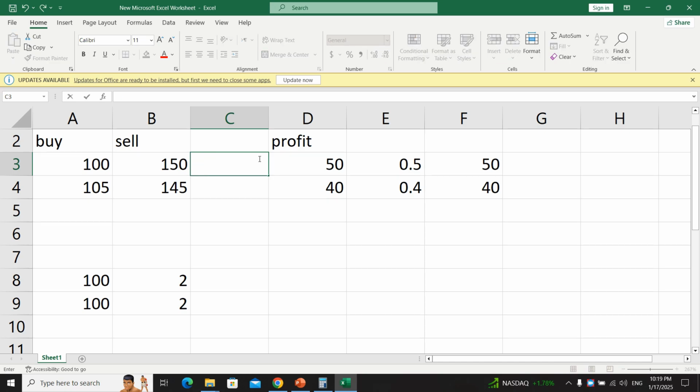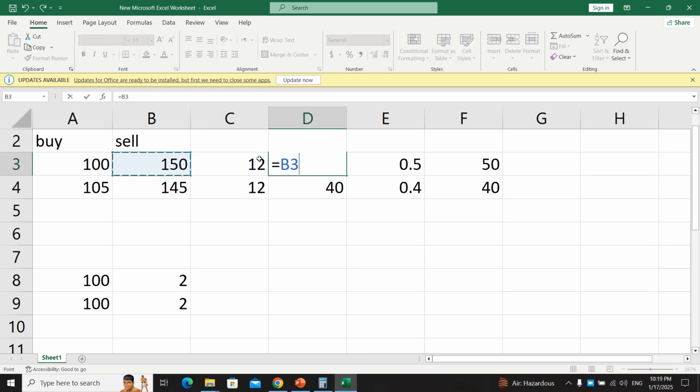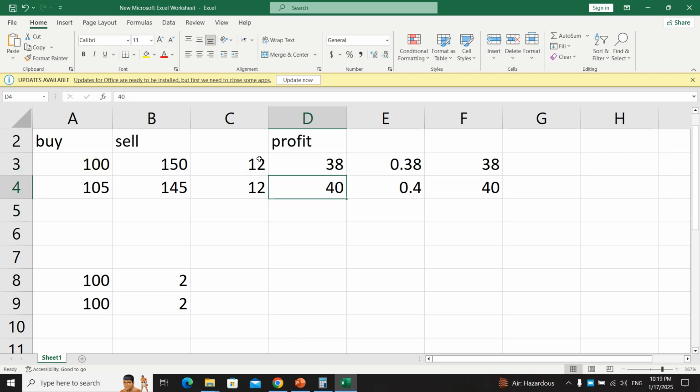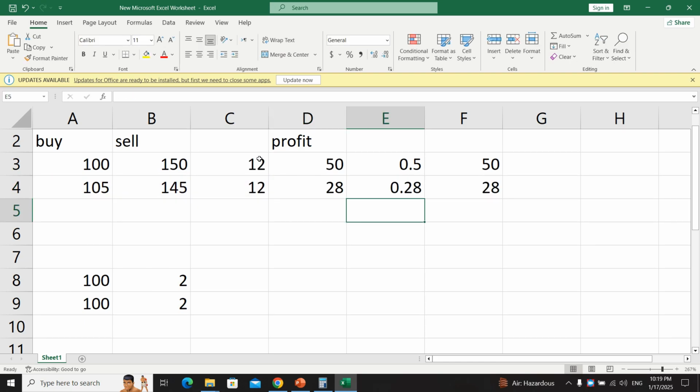Let's say the buy and sell fee costs $12. After each costing $12, now our profit is 28.